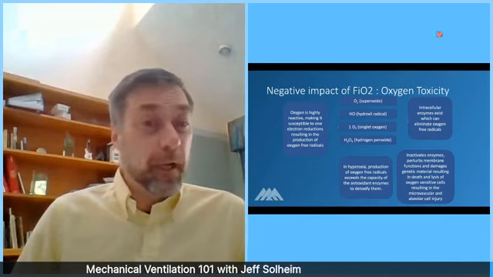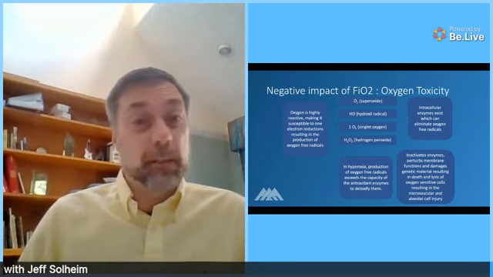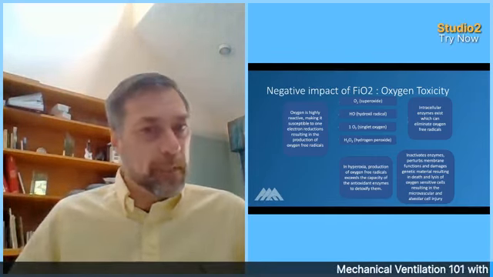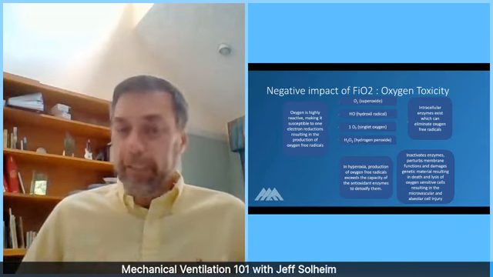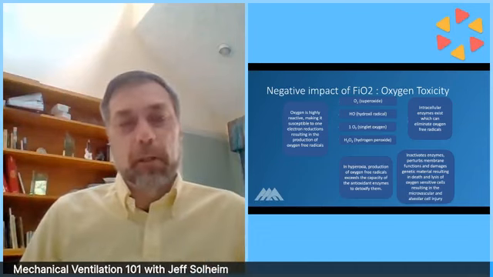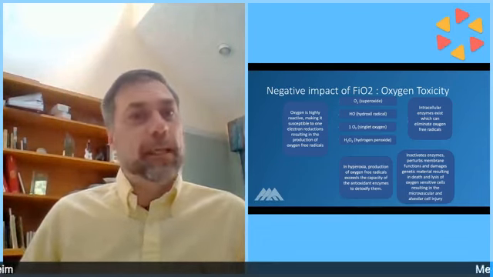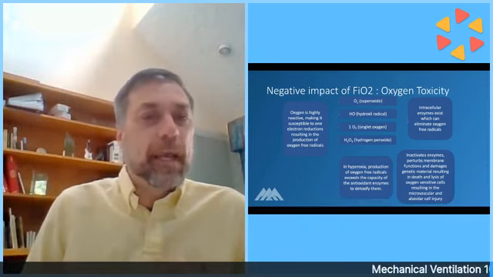Now, in really high FiO2s, say an FiO2 of 100, you can start to see significant oxygen toxicity in as little as 24 hours. If you're using lower FiO2s, it may take longer for these negative effects to develop, but you are going to begin to see the death of cells along the airways, and then the atelectasis in the lower airways as the dead waste products begin to accumulate in the lower airways and block them off.